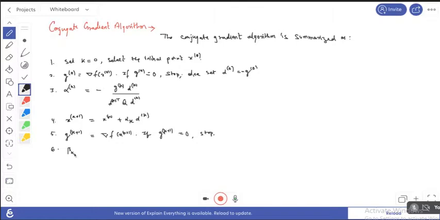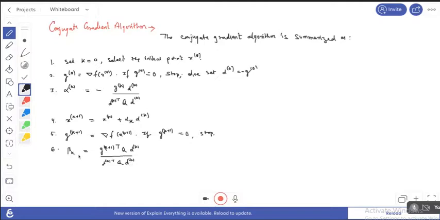So this beta k equals g of k plus 1 transpose Q dk, over dk transpose Q dk.